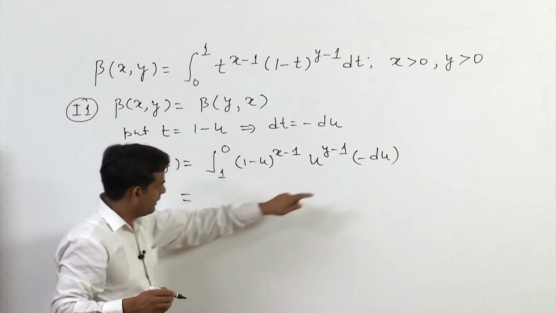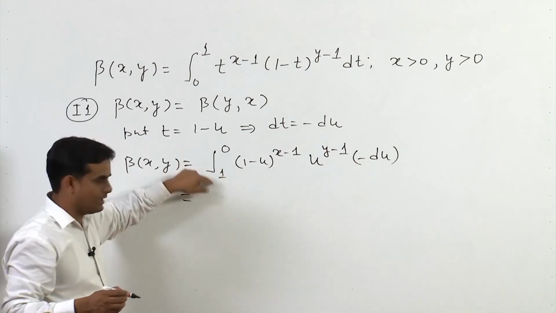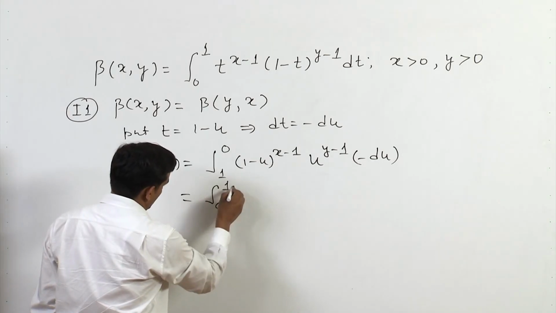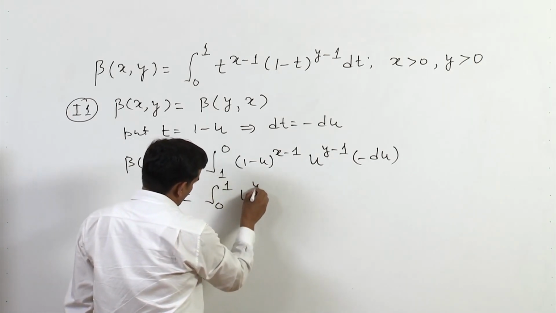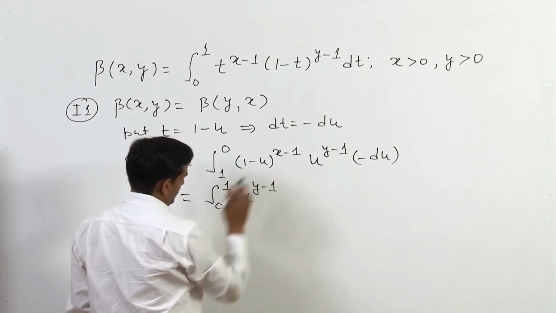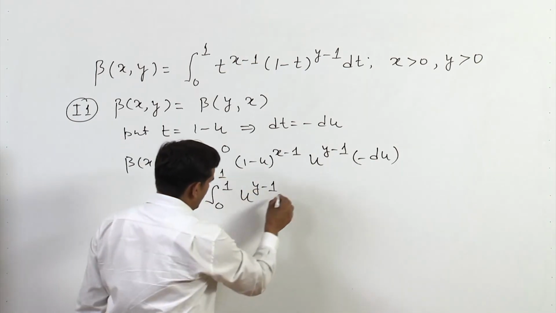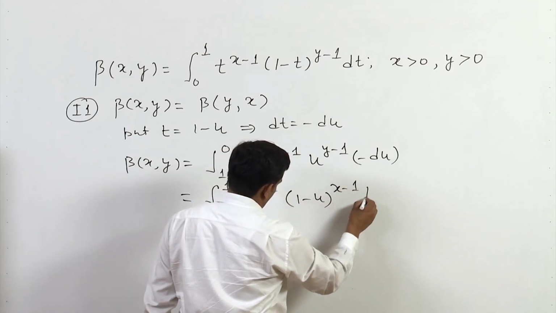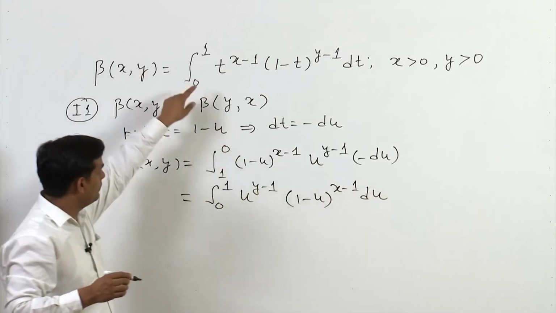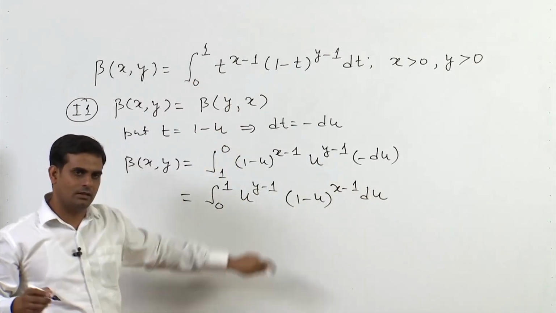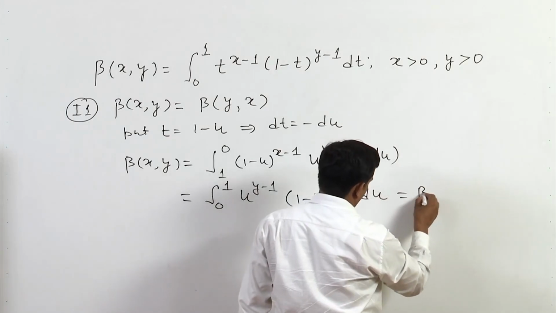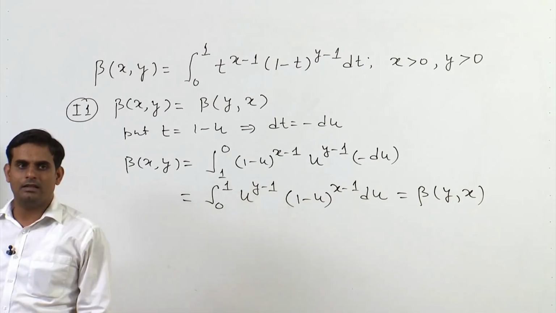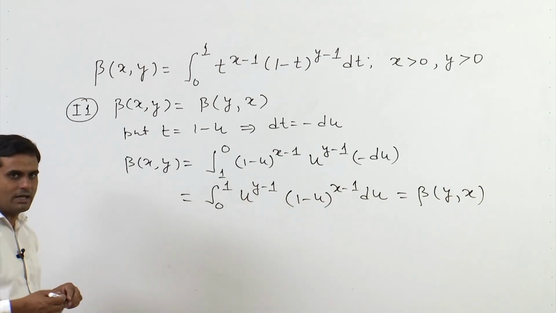I will take this minus sign and interchange the lower and upper limits. So, it will be the integral from 0 to 1 of u raised to power y minus 1, which I have taken first, and then 1 minus u raised to power x minus 1 du. According to the standard definition, what is this? This is beta of y, x. Hence, the beta function is a symmetric function in x and y.